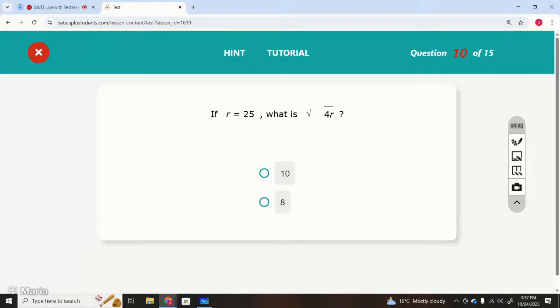If r equals 25, what is the square root of 4 times r? That is 10. Option number 1 is the correct option.